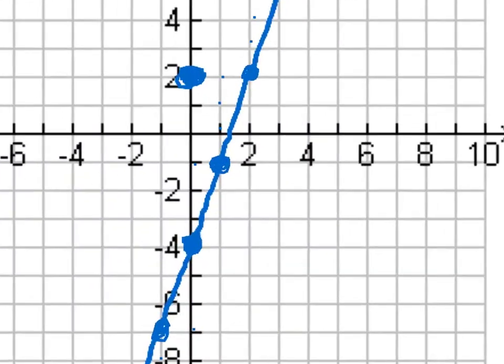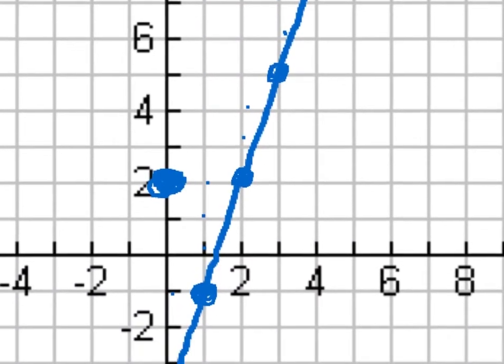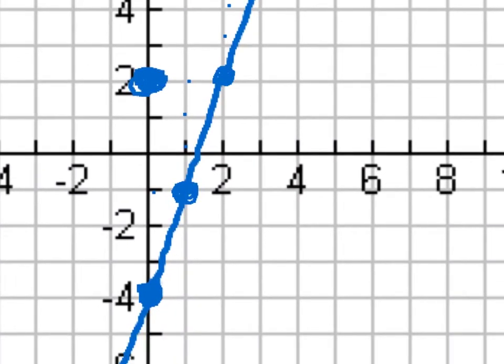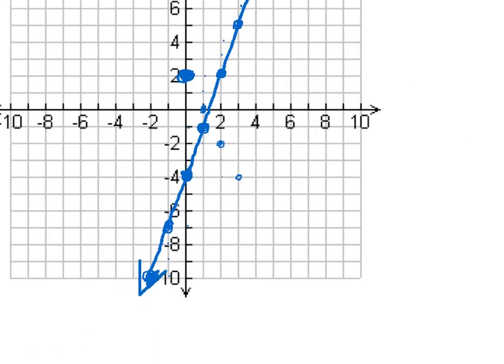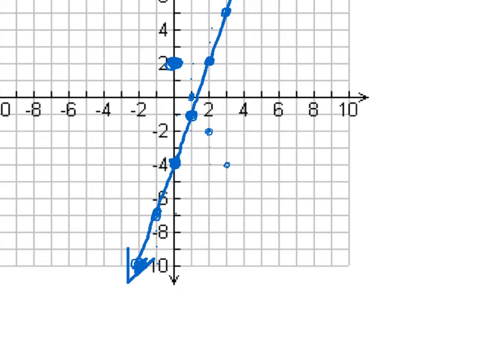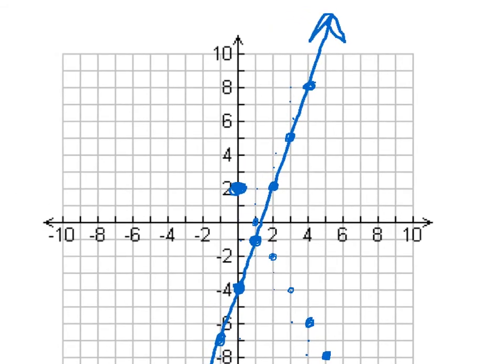If I do negative 1/2, I would go down 2 to the right 1, down 2 to the right 1, and so on, down 2 and to the right 1, or backwards.